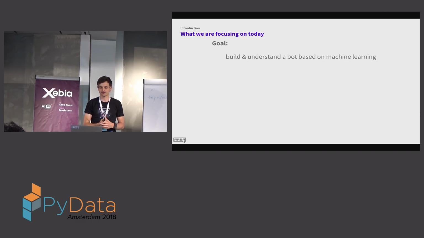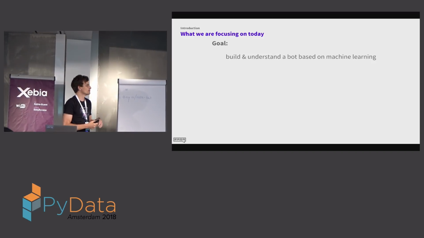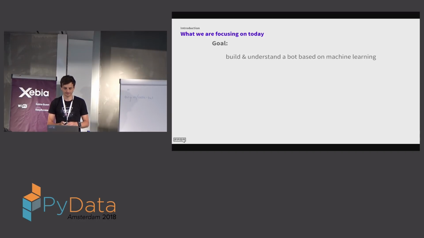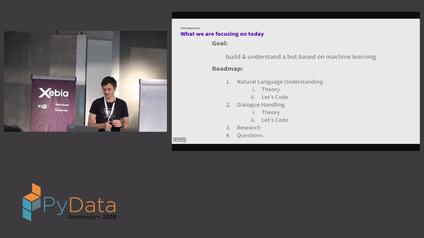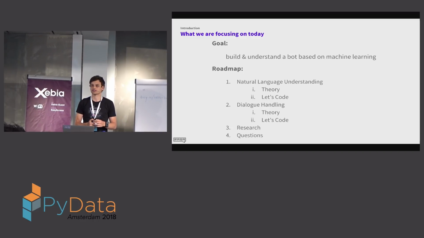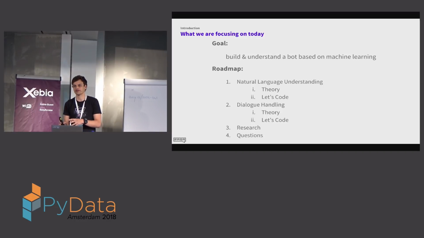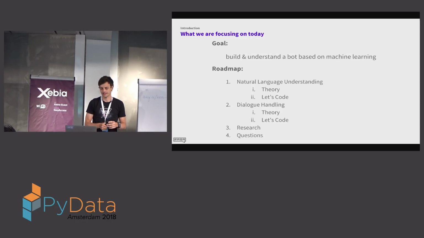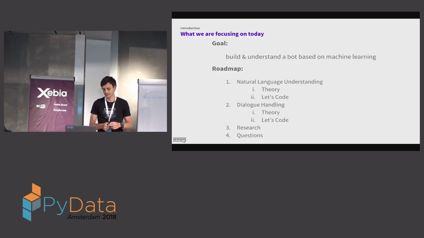And that's our goal, right? So we want to build a bot that's able to understand natural language in a certain domain and that can handle certain types of user input. Here's a quick roadmap of how we're going to do that. So first we'll focus on natural language understanding. So as I said, getting user messages in and transforming them into structured output. Some theory there, and then we're going to code a bit.